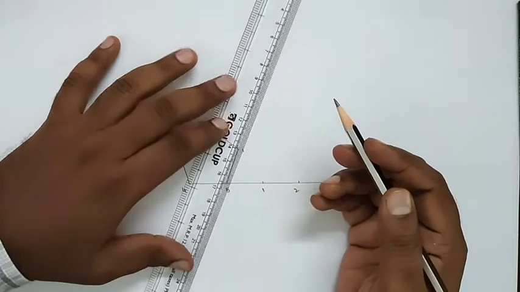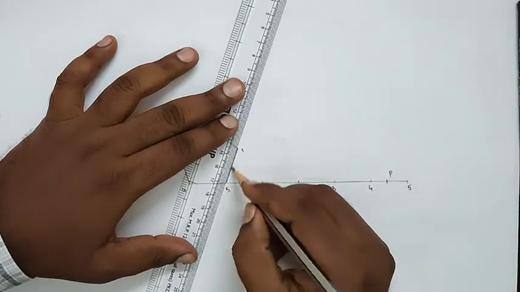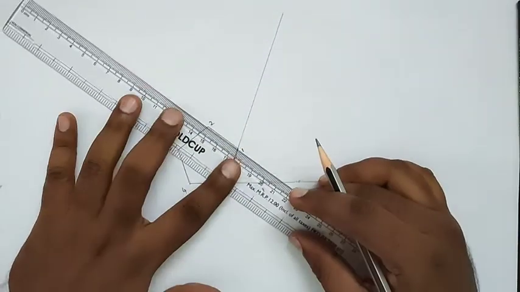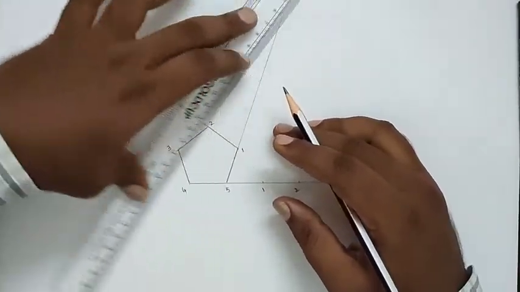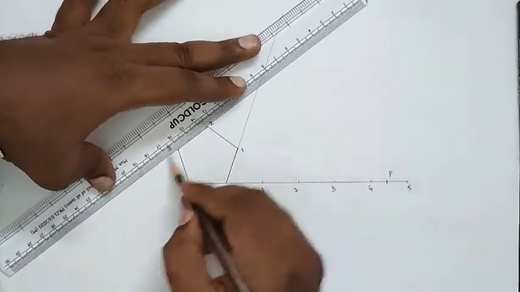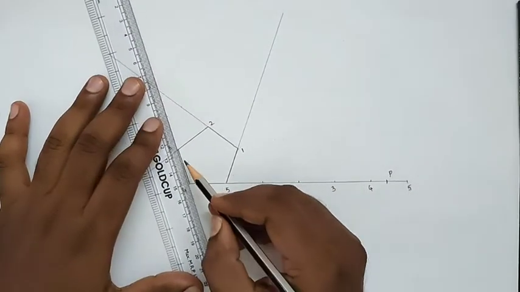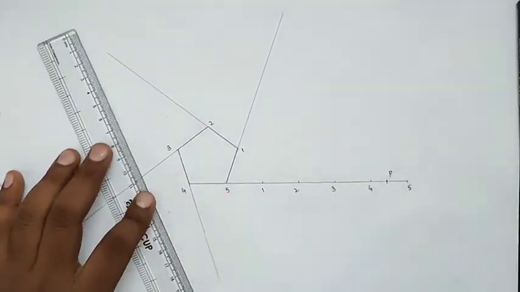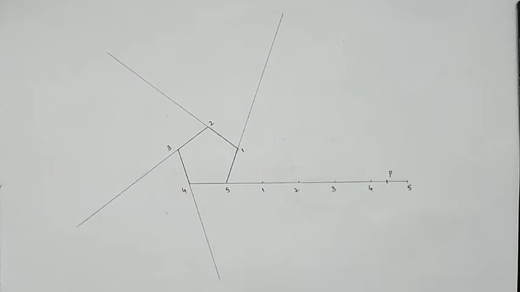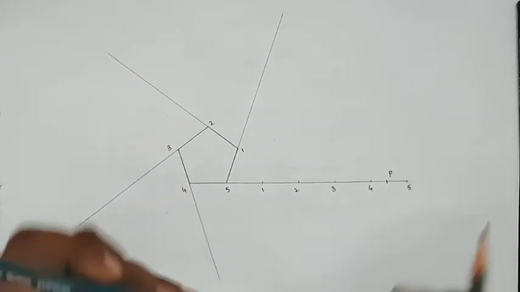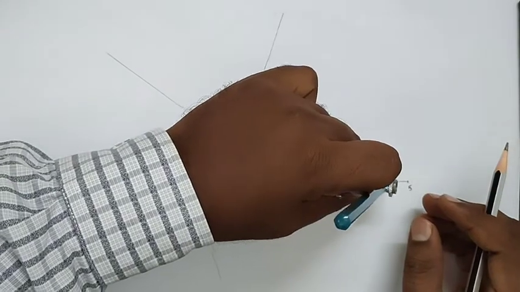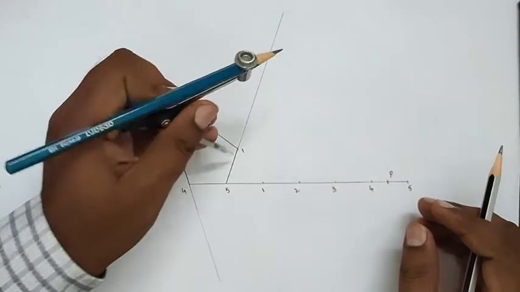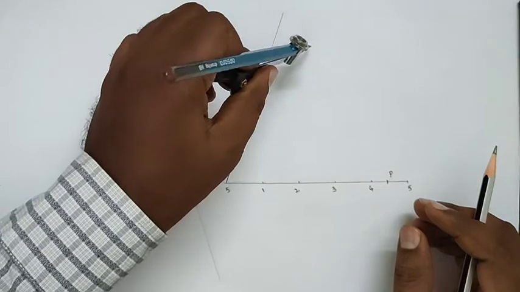Now extend the 5 to 1 line, 1 to 2 line, producing like that, 2 to 3 line, producing 3 to 4 line, and producing 4 to 5 line like that. After producing these lines, measure the length of 1 to P. Take 1 as the center, draw the arc.